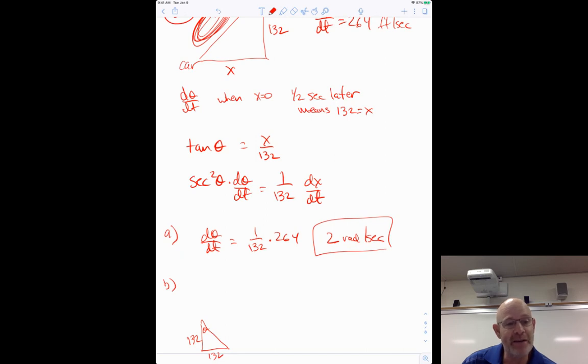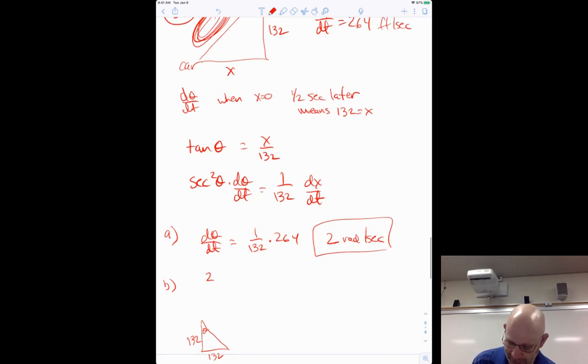Cosine of 45 is root 2 over 2. So the secant of theta would be 2 over root 2. We're going to square that times dθ/dt at that same instant. So this is still 2 over here now, right? And now I just got to do 2 squared is 4 over 2 is 2. So it looks like dθ/dt equals 1 radian per second.